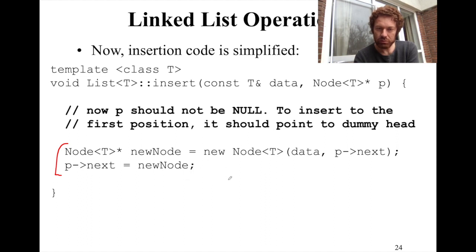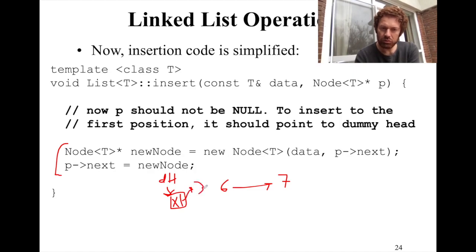If you are trying to do some insertion in the middle, let's remember the list I have done before, with different values. So dummy head is somewhere here, dh. It points to something that always exists, a weird content like X, and this points to maybe node 3, and this points to 6.